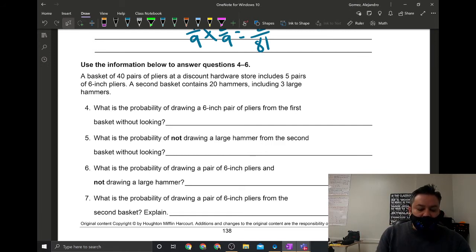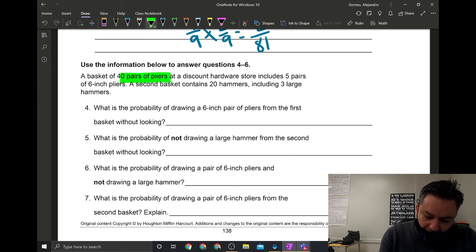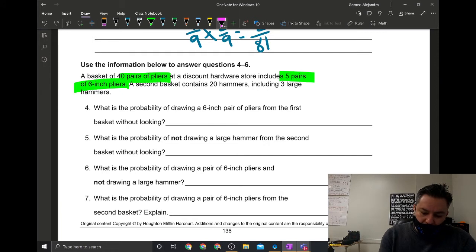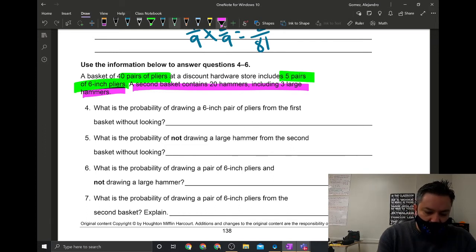Okay? Let's highlight this. So we have 40 pliers, 5 of them are 6-inch. And then on a second basket, 3 are large out of the 20. Number 4, what is the probability of drawing a 6-inch pair of pliers from the first basket without looking?